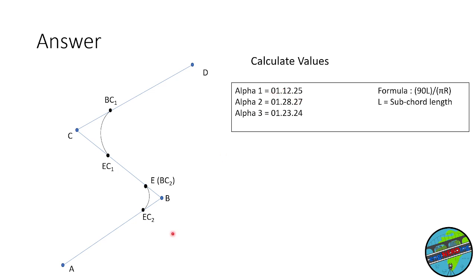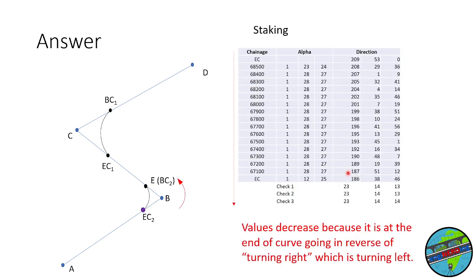So now that we're at the beginning of our curve, that last little piece before we get to beginning of curve should be our first subchord. So then we say this direction minus our first subchord gives us a new direction. Now there's three ways to check this.